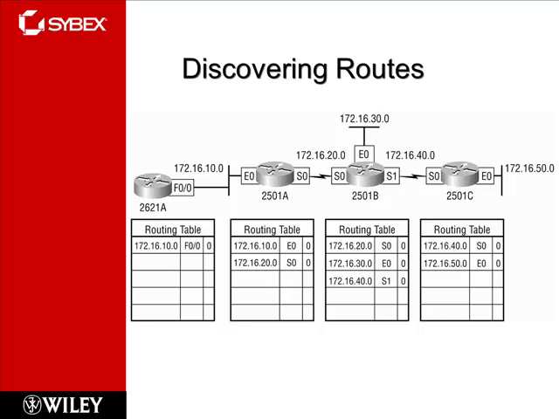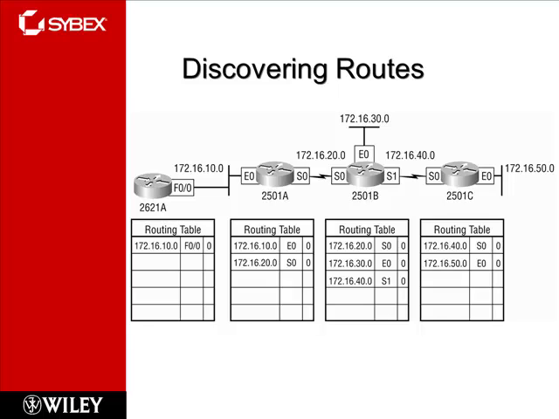Only directly connected. So the 2621A knows about Fast Ethernet 0/0, the 172.16.10 network. This one knows about Ether 0 and Serial 0, 172.16.10, 172.16.20, and on down.